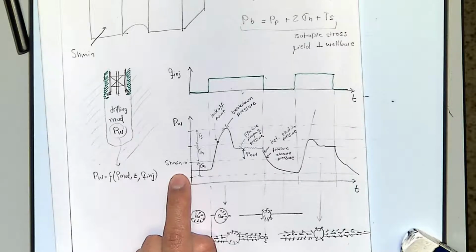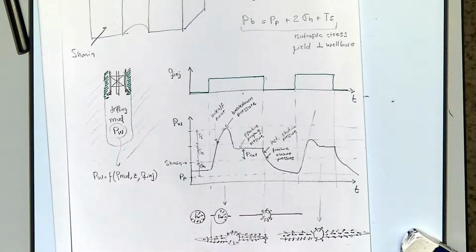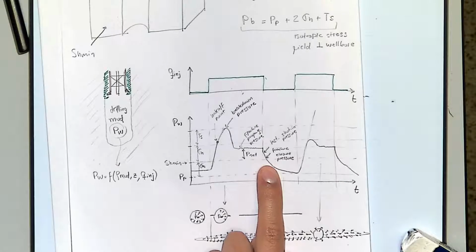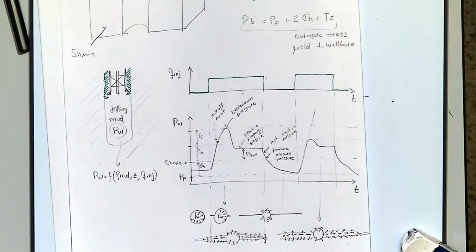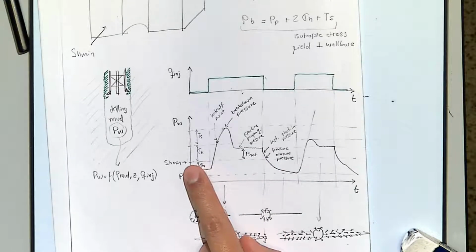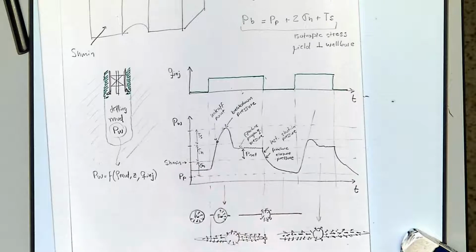So let's see then more into detail what's going to happen in this section at the fracture closure pressure, and how you're going to be able to determine that minimum principal stress. But remember, the main takeaways from this leak-off test are: one, the breakdown pressure, which is going to tell you your fracture gradient, the absolute maximum fracture gradient, and two, that you can measure the minimum principal stress.